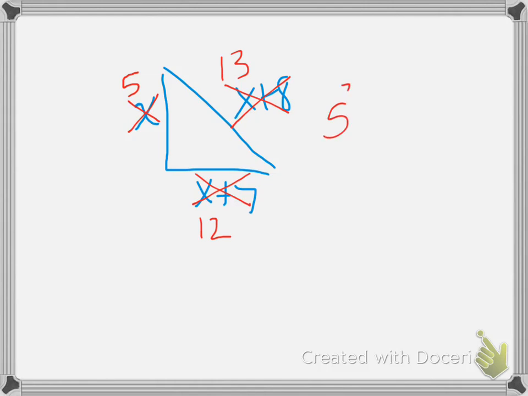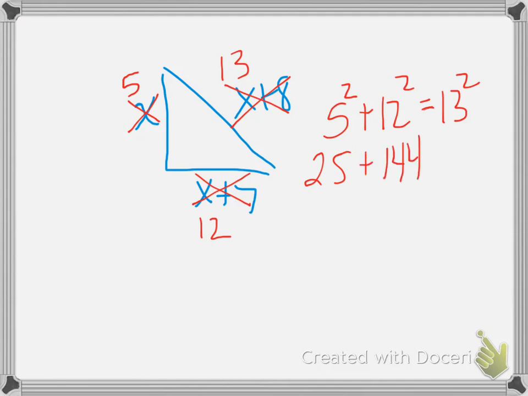I could take a calculator and see if 5 squared plus 12 squared equals 13 squared, and see if it really is the distance around the right triangle. So that's 25 plus 144, which is 169, and that makes 169. So I know that x must be 5.